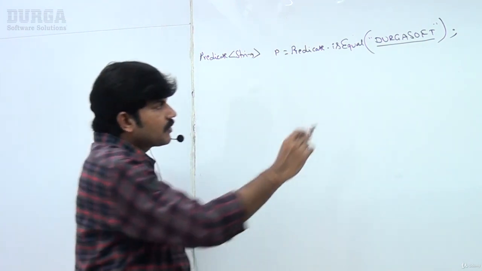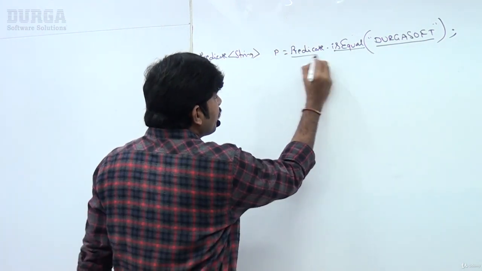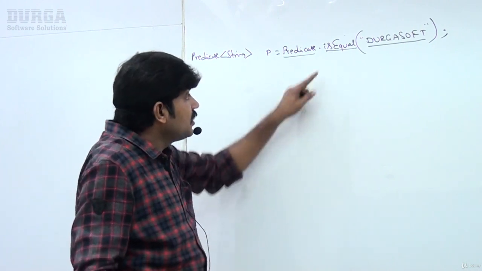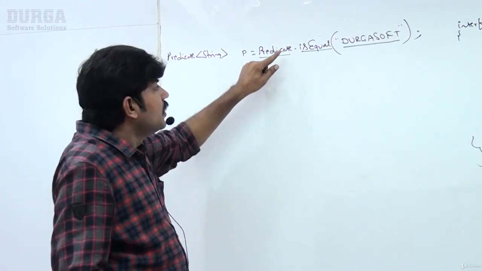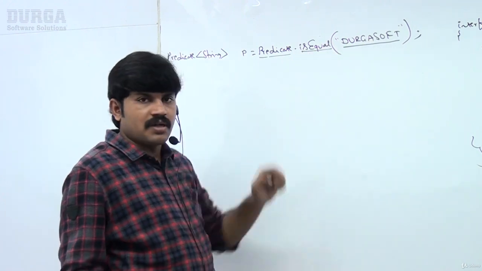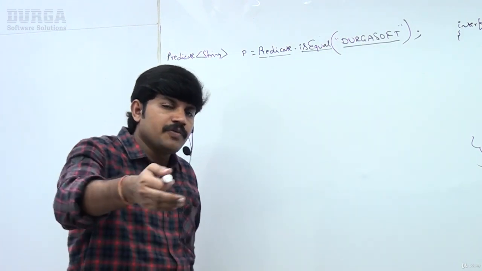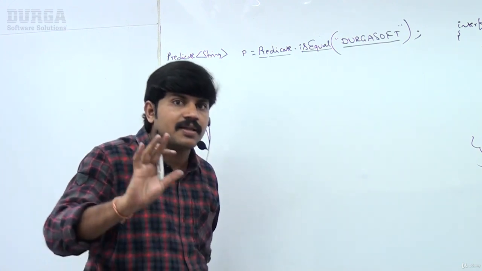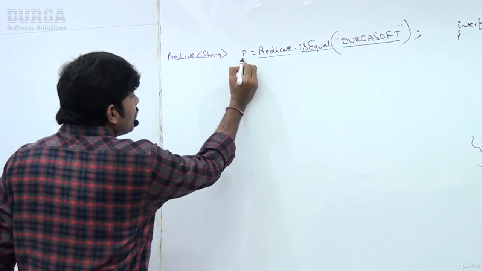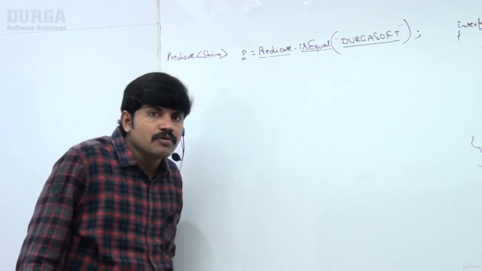Observe that. Sir, I am calling isEqual. Why am I calling isEqual using Predicate? Because it is a static method. A static method you can call by using the class name or interface name: Predicate.isEqual("Durgasoft"). In the future, to check whether any provided element is Durgasoft or not, we should go for this predicate. How can you use it? Very simple.